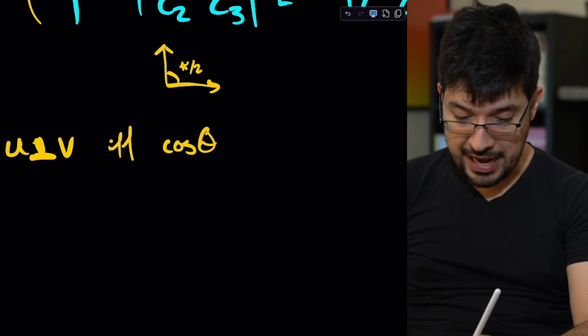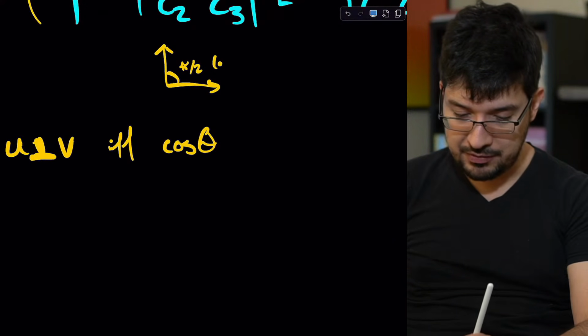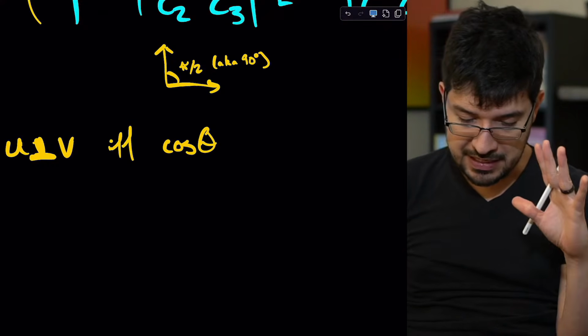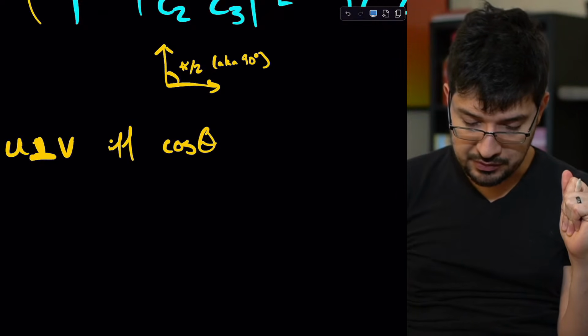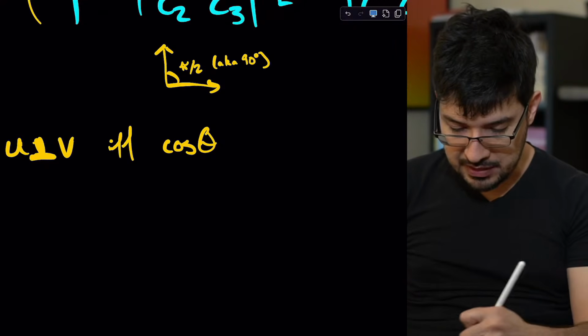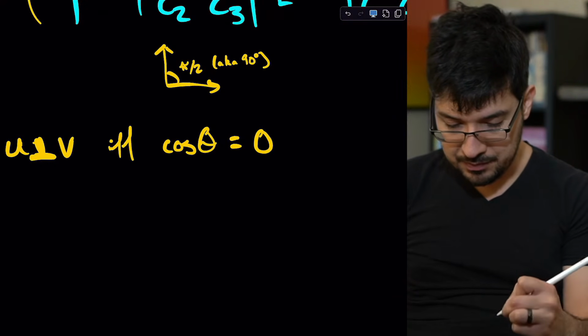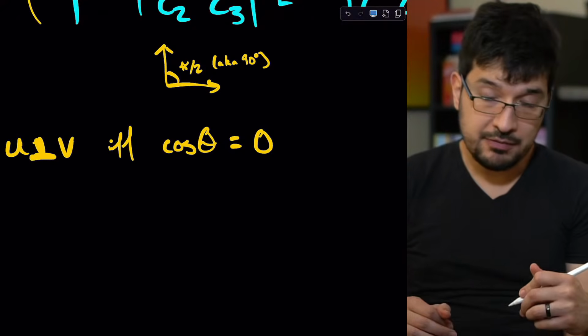Also known as 90 degrees. If the angle between two vectors is 90 degrees, well, then the cosine of that angle should equal 0, because that's the cosine of pi over 2.